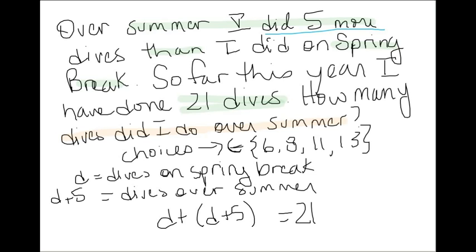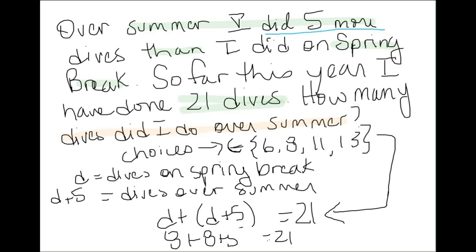Now what I'm going to do is plug these in to see which one works for D. So if I put 6, 6 plus 6 plus 5, does that equal 21? No. If I put 8, 8 plus 8 plus 5, does that equal 21?